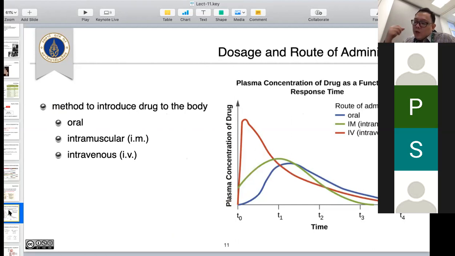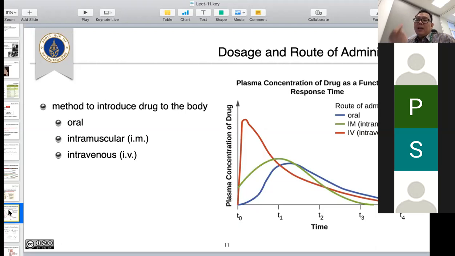So when we know antibiotic can kill bacteria, can stop bacteria, can have spectrum, we probably need to know the route of administration of antibiotic. Normally, we use 3 routes.